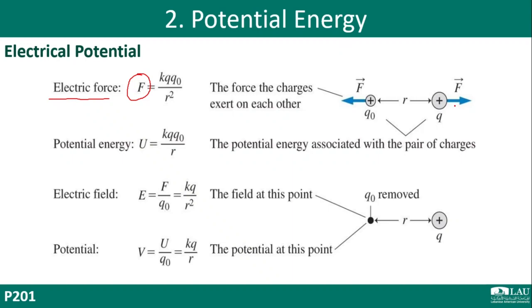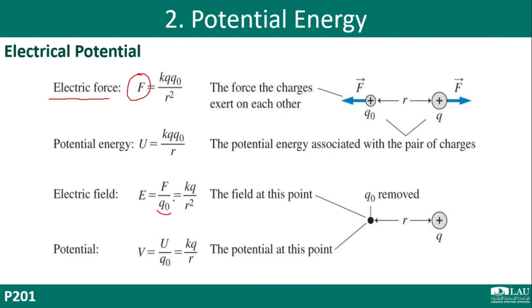Now the electric field is again the electric force divided by the test charge. So if we take this formula and divide by Q0, it's KQ divided by R squared. So it's the electric field at this point. We remove Q0, and we need to calculate the electric field at the same point. So that's the magnitude of the electric field.